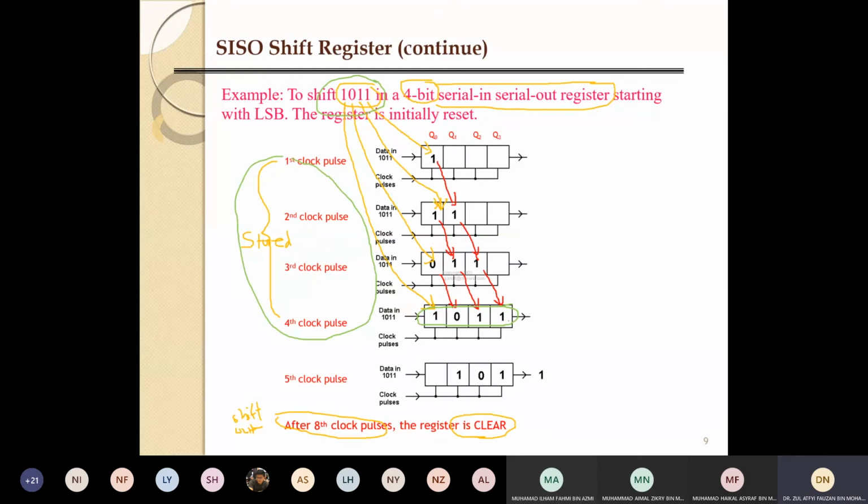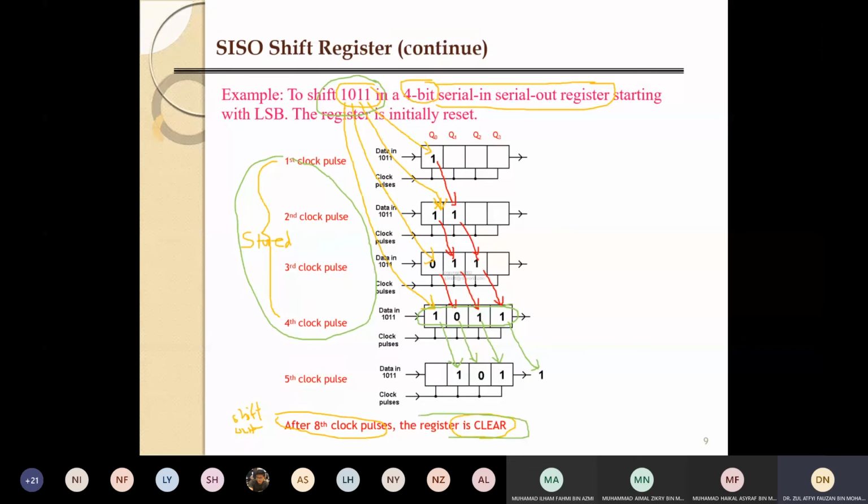Starting with the 5th clock, 1 bit per 1 bit will shift out. So this one will shift out. Okay, so this one will be here, 0 will be here, and this one will be here. So this one we assume 0 or clear. Okay, and then 6 clock, 7 clock, and 8 clock.